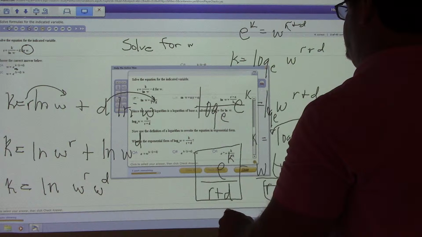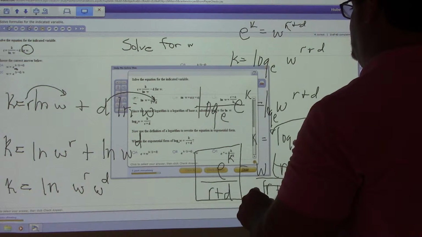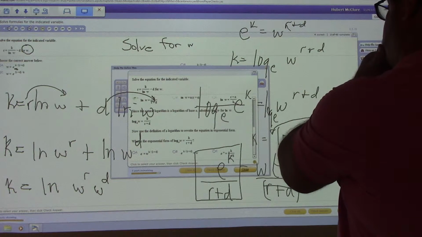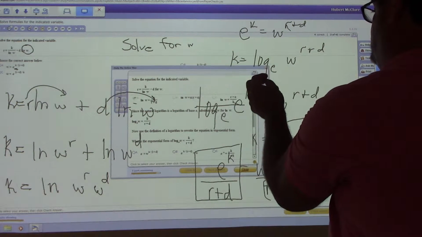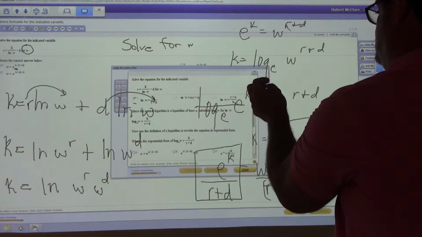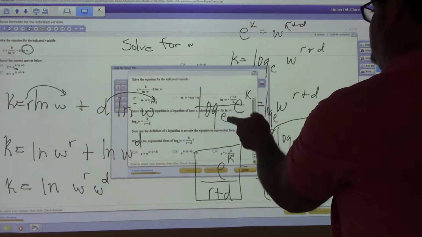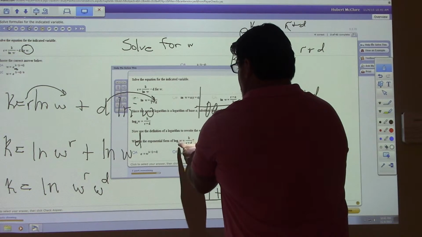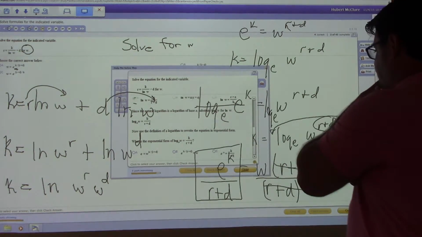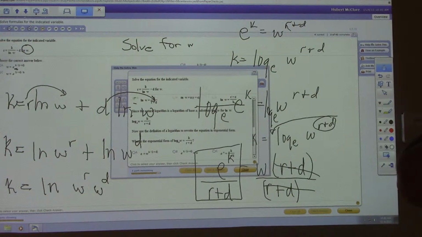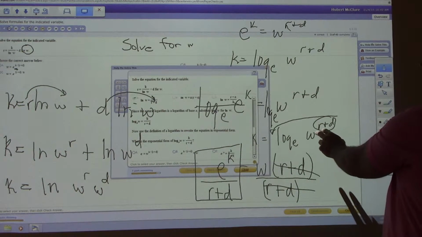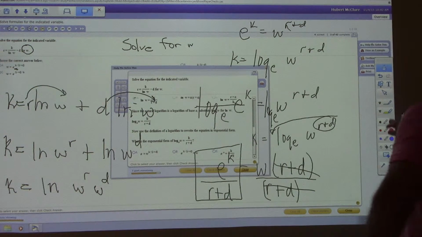Log base E of E to the W. A to the Y. There it is. Well, we did. Oh, we went too far. Right here, let's say W. We did it right, we just went too far.